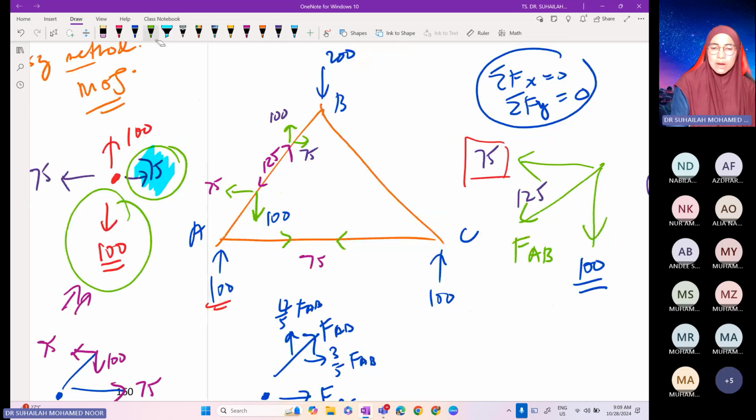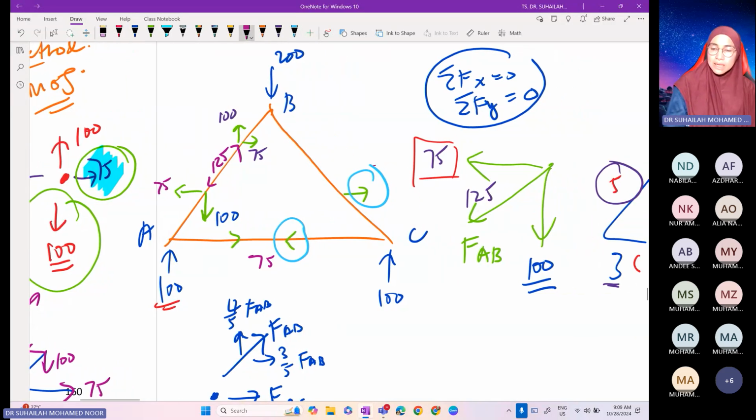Sama juga join C. Now kita dah ada 75 ke kanan. Kita ke kiri. So dia akan ada 75 yang ni ke kanan. Nampak tak arrow ni? Dua-dua arrow ni, 1 dan 2. Opposite but same value. 75, 75. So yang ni juga adalah 75. Okay, so bila dia dapat 75 ni, dia mesti resolve satu lagi ke bawah X and Y. So 75 lagi sekali, 75.